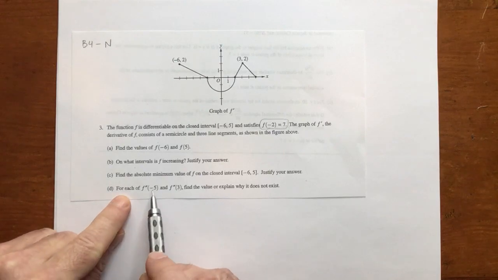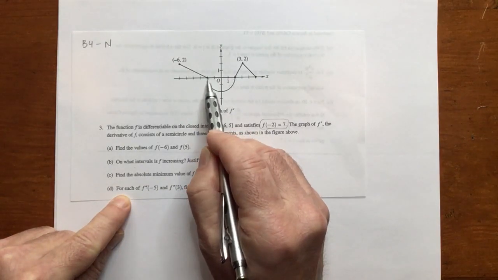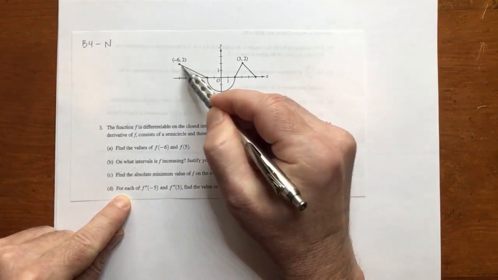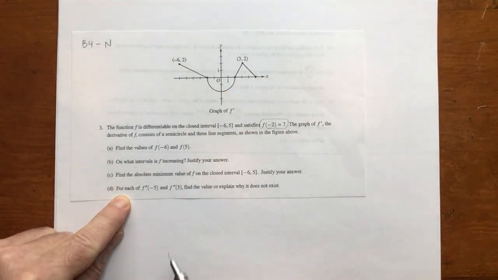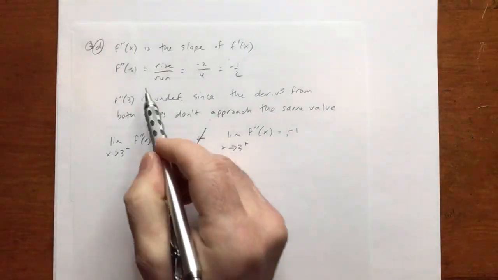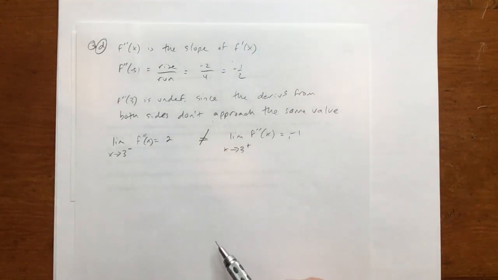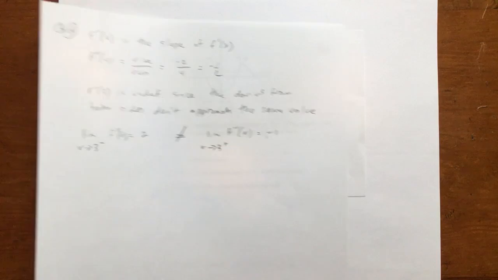And so when we look at x equals -5, the slope here, that's just a line. And I would just count rise and run, and I find that my slope is -1/2. And so the value of the second derivative at -5 is -1/2.